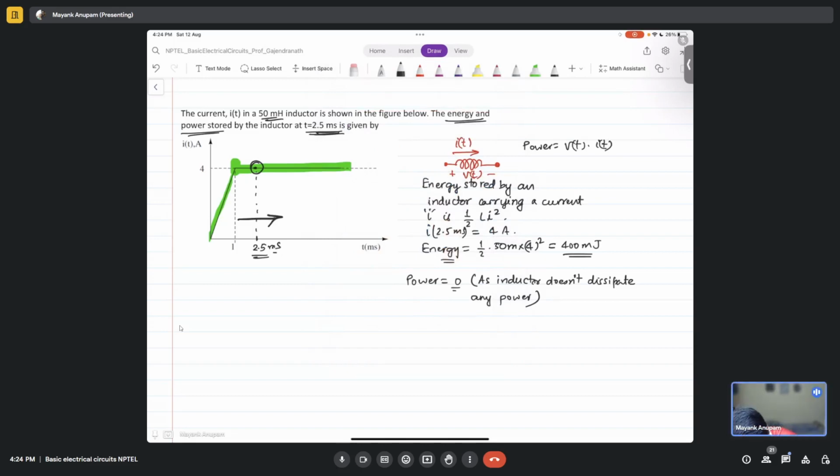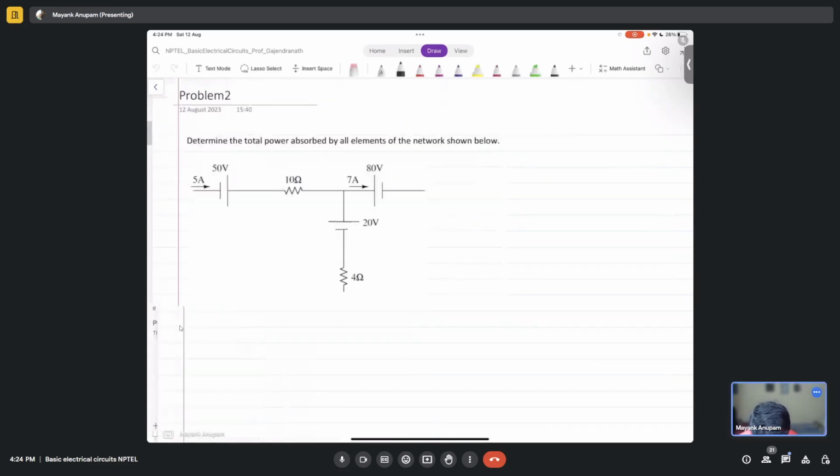V of t is L dI by dt, and I of t is I of t. Now you see, di by dt is 0 after this point, in this direction. That is why the voltage is 0, which means power has to be 0, right? Fine?